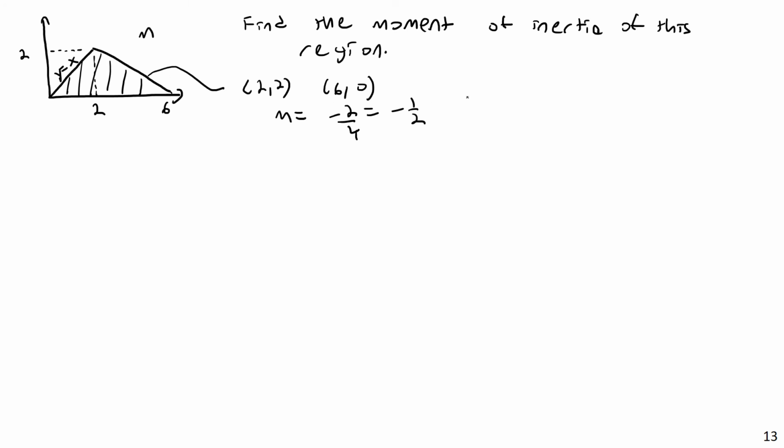And then to get the intercept, y equals negative 1/2 x plus b. If I put in 0 and 6, negative 1/2 times 6 plus b equals 0, and b is equal to 3. So the equation of that line is y equals negative 1/2 x plus 3.